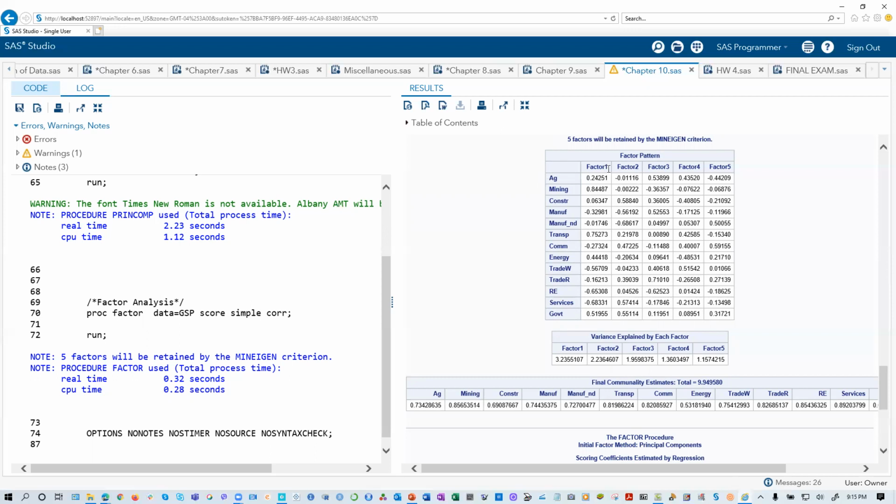AG equals 0.24251 times factor 1 plus this time factor 2 plus this time factor 3 plus this time factor 4 plus this time factor 5. We don't know what these factors are.